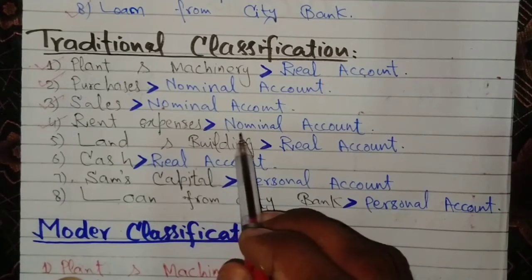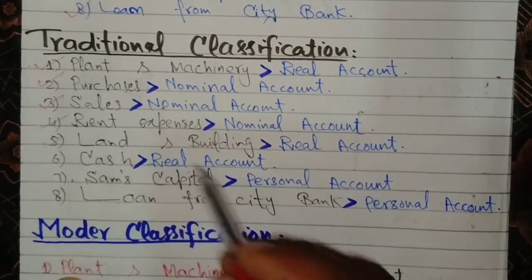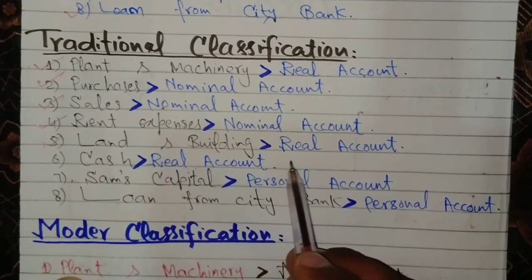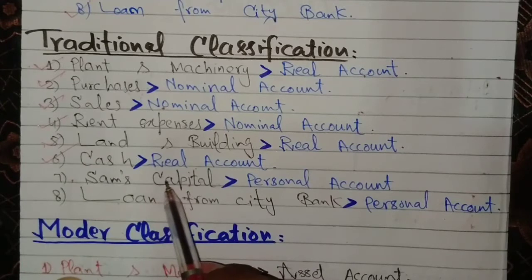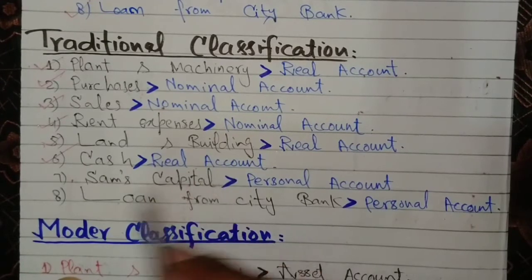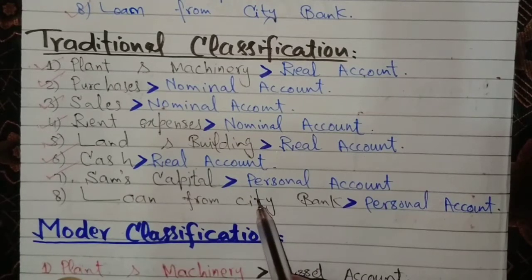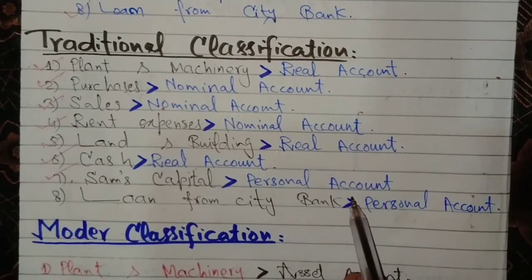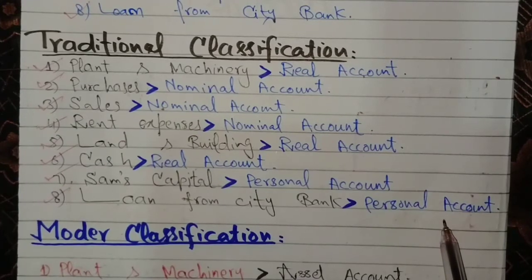Rent expense will be considered a nominal account. Land and building will be considered a real account. Cash will be considered a real account. Sam's capital will be considered a personal account. Loan from Citibank will be considered a personal account.